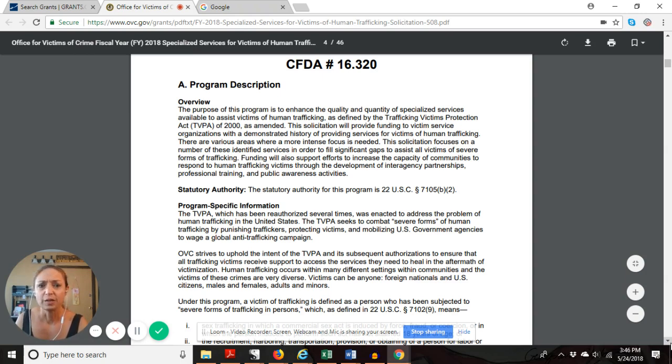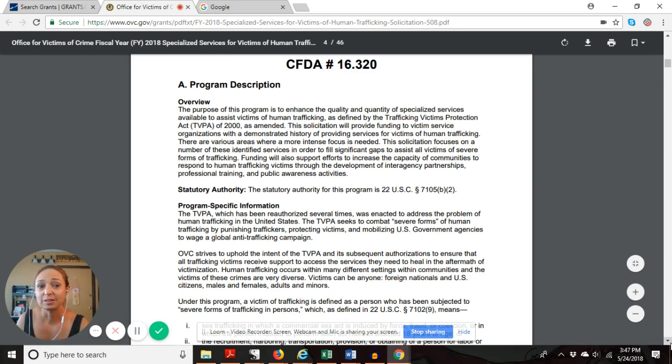So they're saying they want to enhance the quality and quantity of specialized services available to assist victims of human trafficking. And they will provide funding to victim service organizations with a demonstrated history of providing services for victims of human trafficking. And then they go on to say there are various areas where a more focused or intense focus is needed. And that's what this is about, specialized services, right?